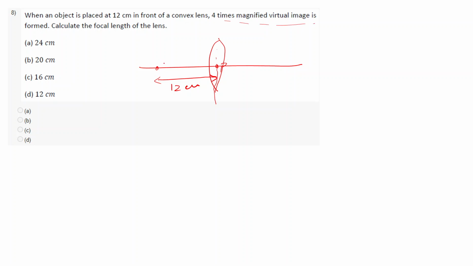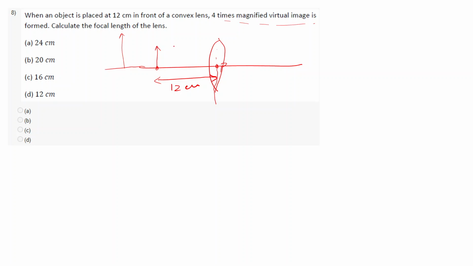So virtual image is only formed when the object is placed at a distance less than the focal length, we know that. And virtual image is formed on the same side. This also we know about convex lens. So if object was here, then image will be somewhere here. It will be magnified, it will be erect, it will be virtual.